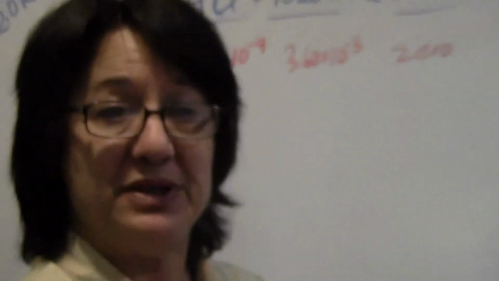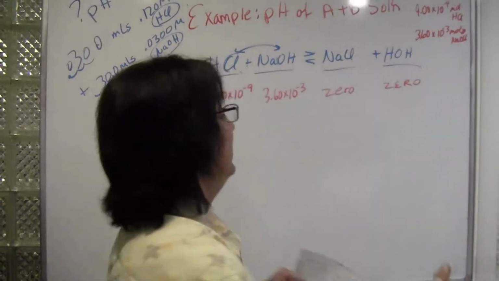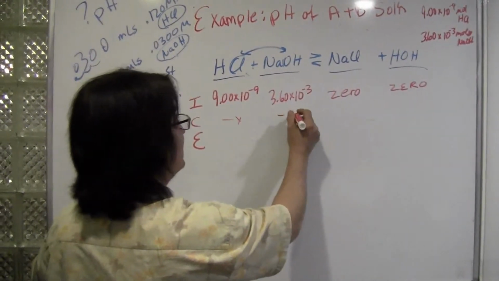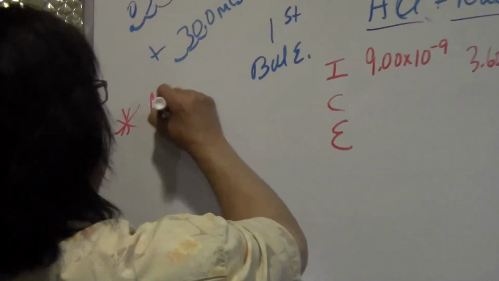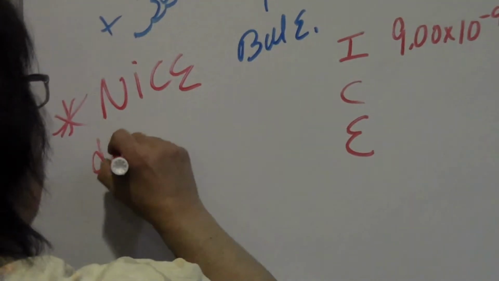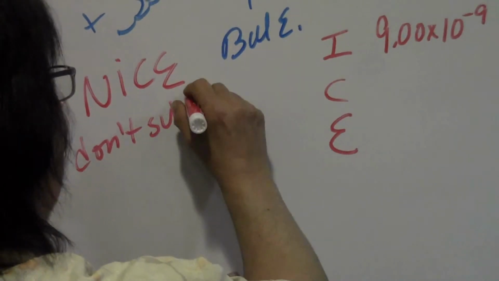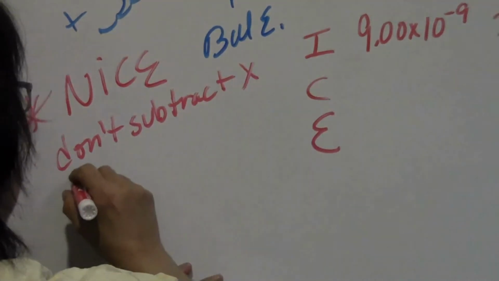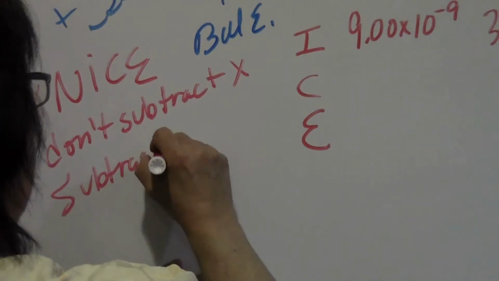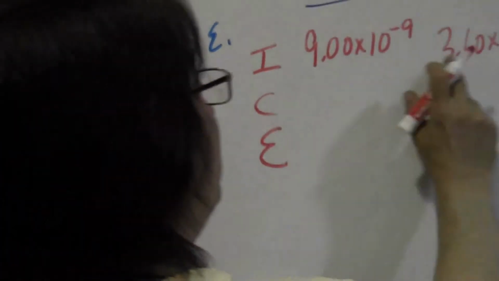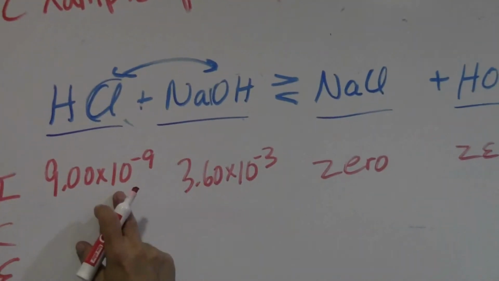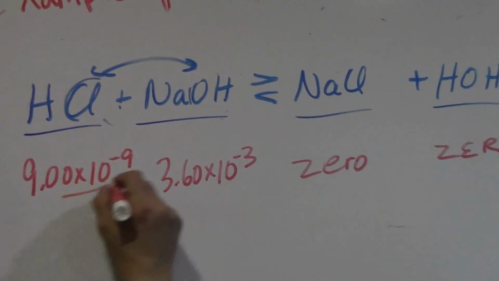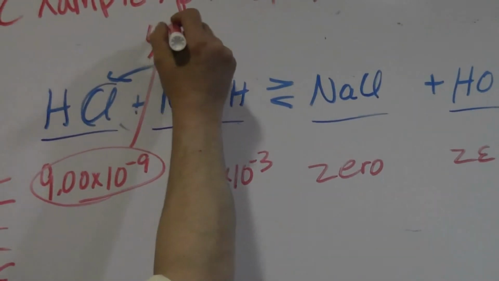Something that's different besides the moles for a NICE equation: normally we would subtract the x's here and add the x's there. But when you have a NICE chart, you don't subtract x for change. You subtract the limiting reagent. Which of these two is smaller? That's the limiting reagent.